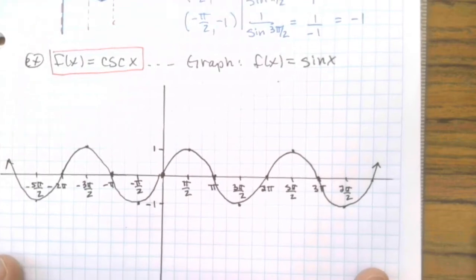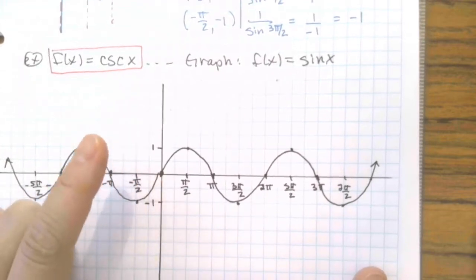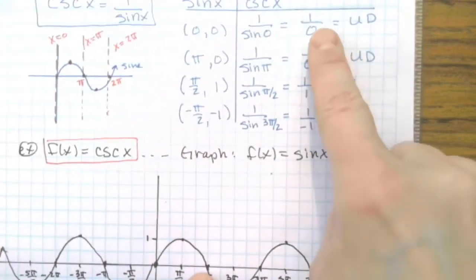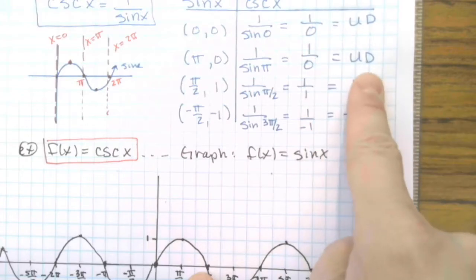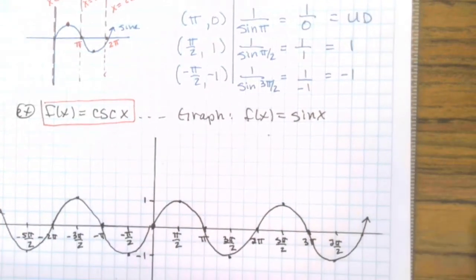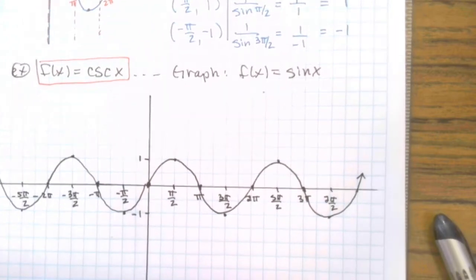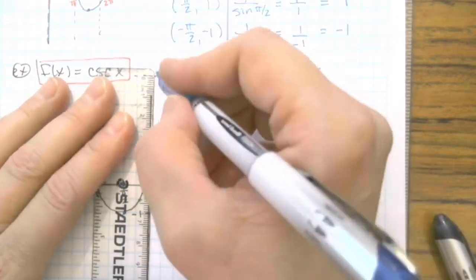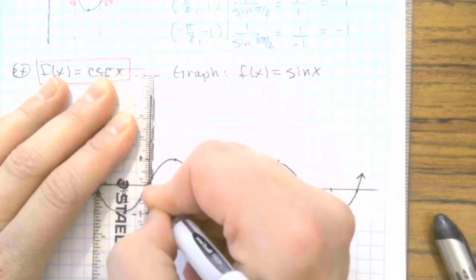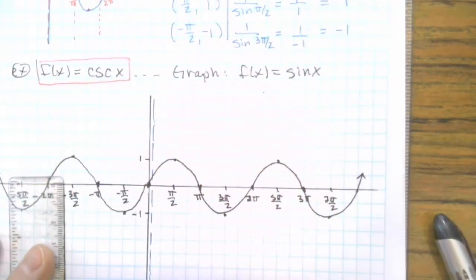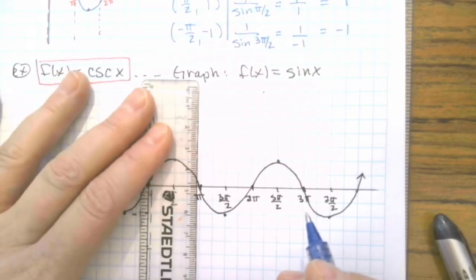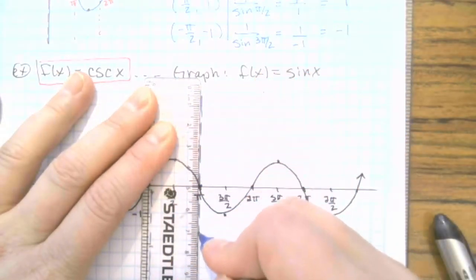As we previously discussed, wherever y equals 0, when that gets flipped, it creates an undefined value. So on this graph, anywhere the sine wave hits the axis is an asymptote. We have an asymptote here at x equals 0. We have an asymptote at x equals pi.